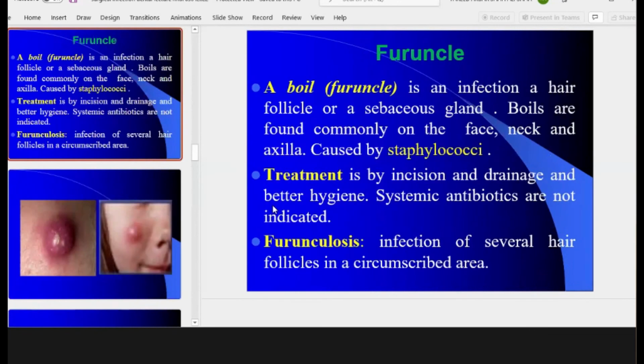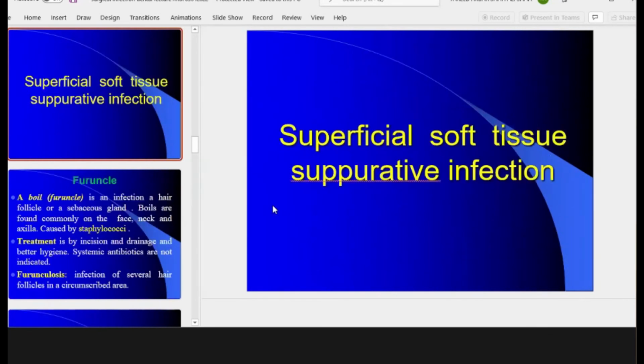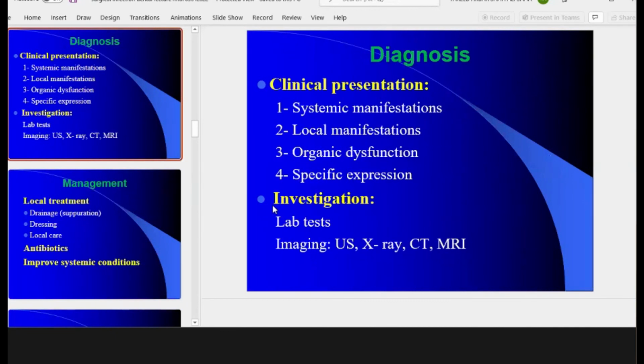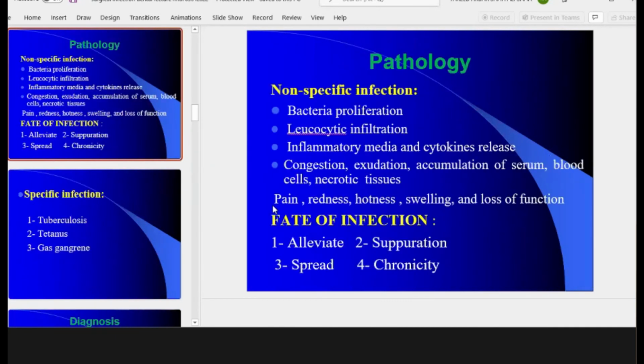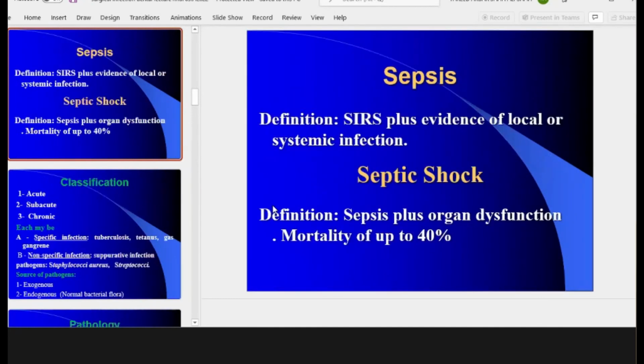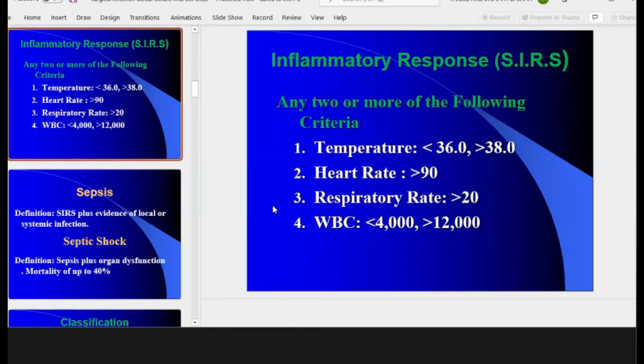Furunculosis, furuncle. Okay, yes. Now again, the sepsis, septic shock, and SIRS. These are three important definitions you should know, because MCQs can come out of this.